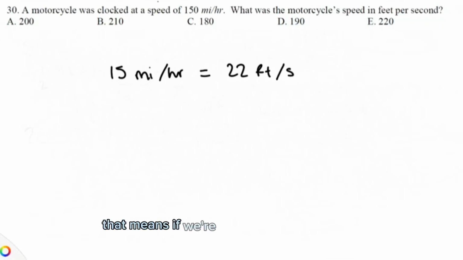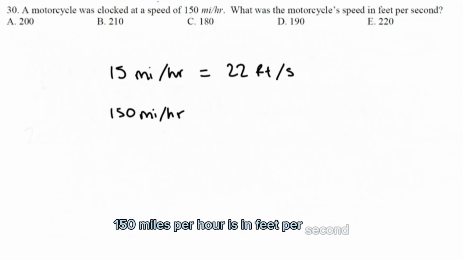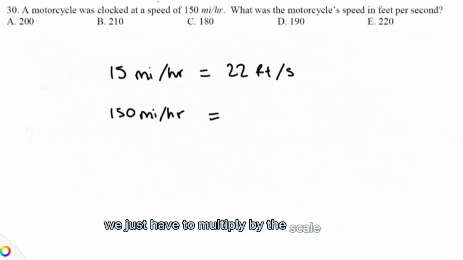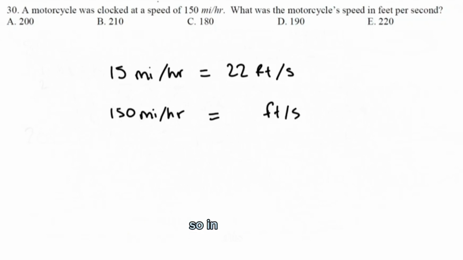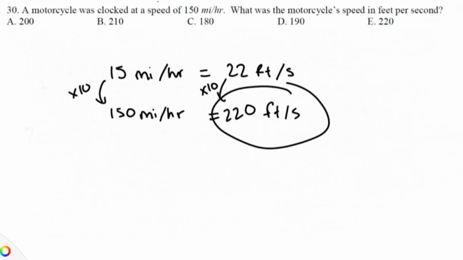That means if we're trying to find how much 150 miles per hour is in feet per second, we just have to multiply by the scale factor. So in this case, 15 times 10 gets 150. So to find the number of feet per second, we would just do times 10. 22 times 10 is 220, and that's your answer.